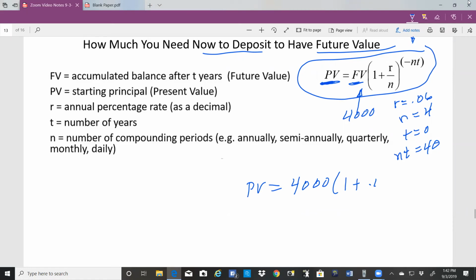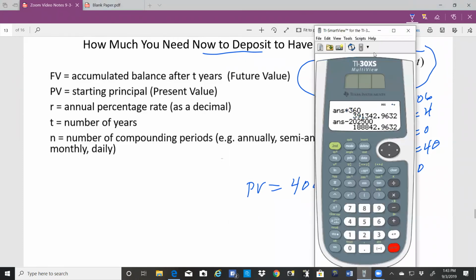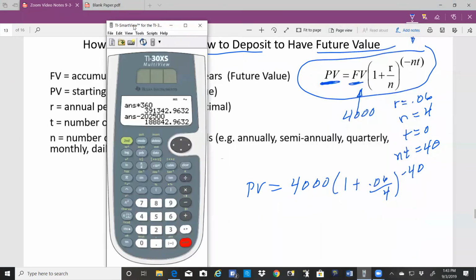Okay. So now 0.06 divided by N, which is 4, to the minus NT. Okay, do you see this? Everybody do it in your calculator. I'm going to do it in mine. And always check it, okay?